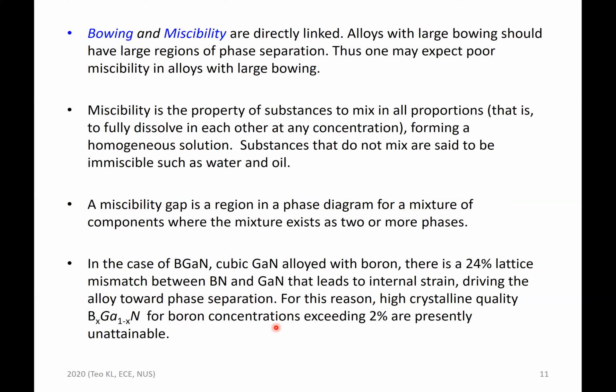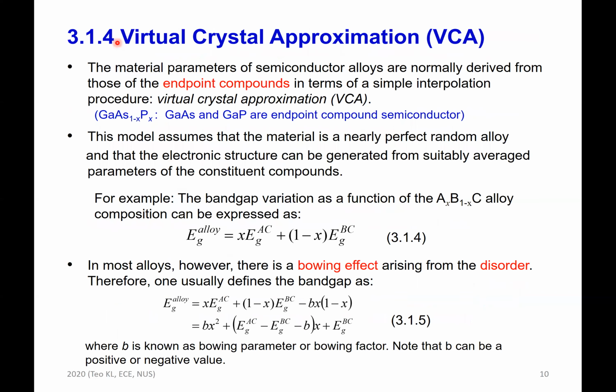And then this will result in the band gap, instead of having a linear dependence on the composition, having a square dependence. And this can be governed by a bowing factor. So your band gap will go like a quadratic dependence.